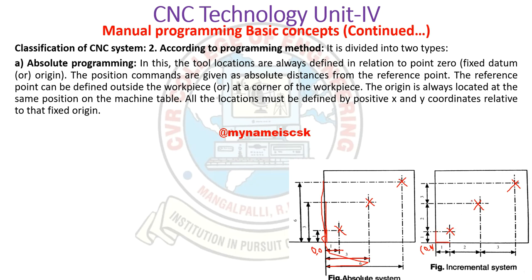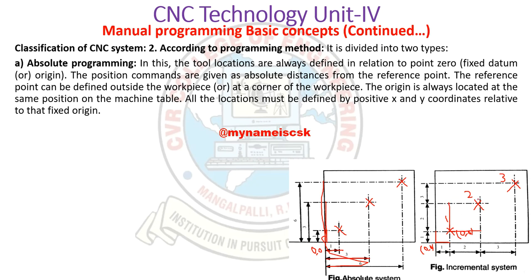And for this 1, 2, and 3, when I want to go from 1 to 2, for the second position, the first position coordinate will be 0 comma 0. So from here it is 0, then it will move 2 in x-axis and 2 in y-axis.